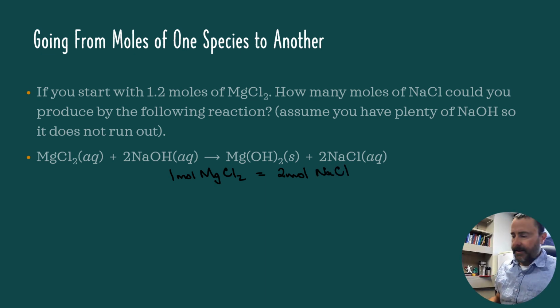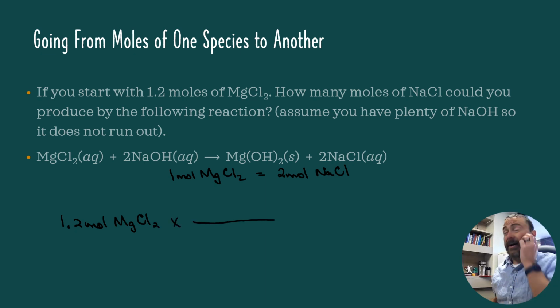All right, and then I can write that as a ratio. So I have 1.2 moles of my magnesium chloride. Right? I want to get rid of the magnesium chloride and I want to get sodium chloride. So I'm going to put the magnesium chloride on the bottom so that we cancel it out. Right?